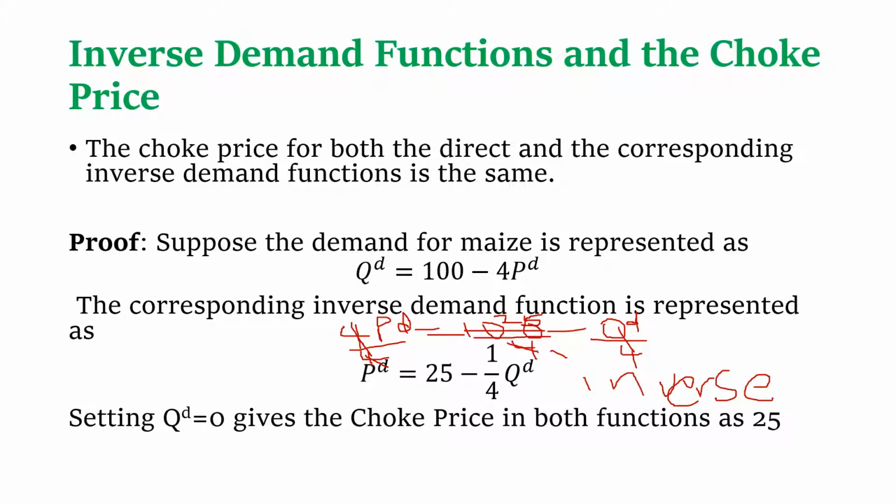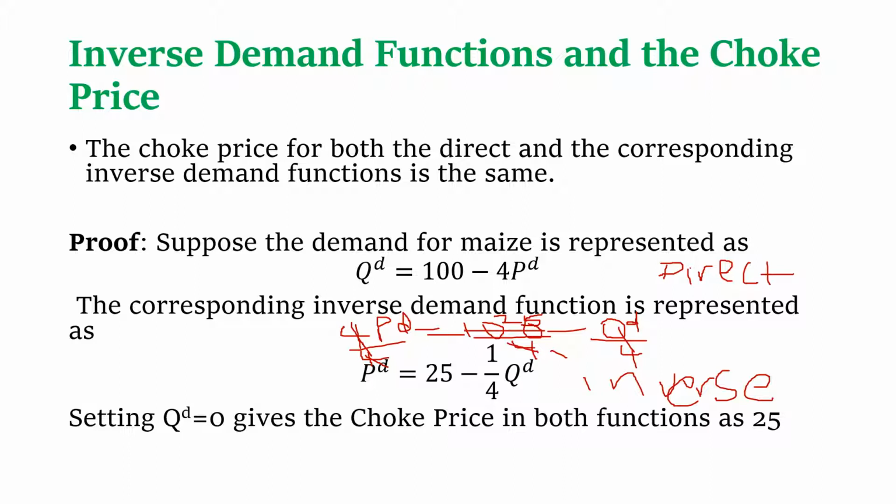So now let's look at this inverse demand function, and then let's look at this direct demand function. Let's look at these two. Now, QD is 100 minus 4 PD, right? Now, what is the choke price for this one?